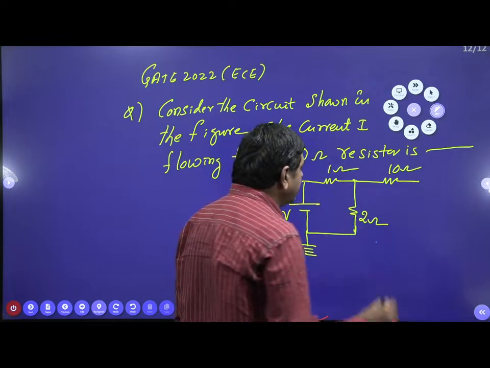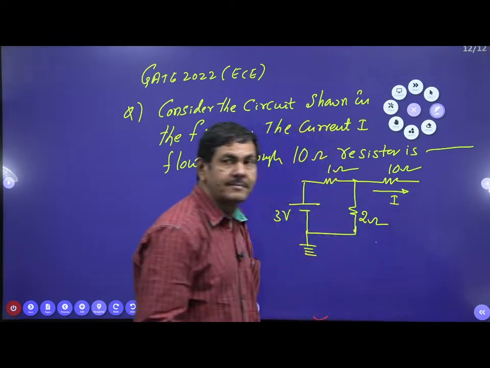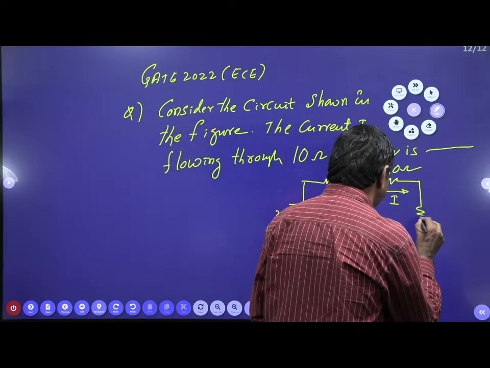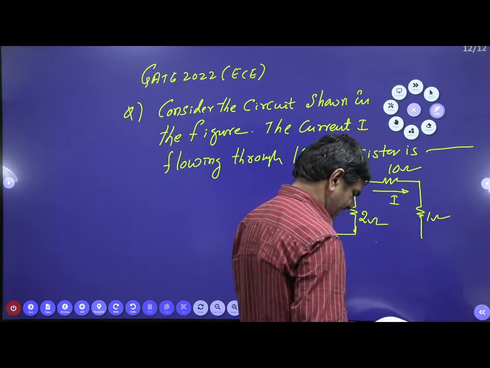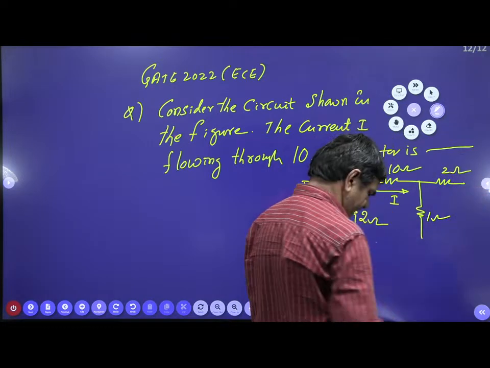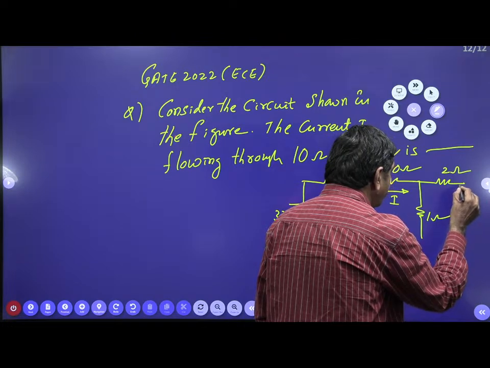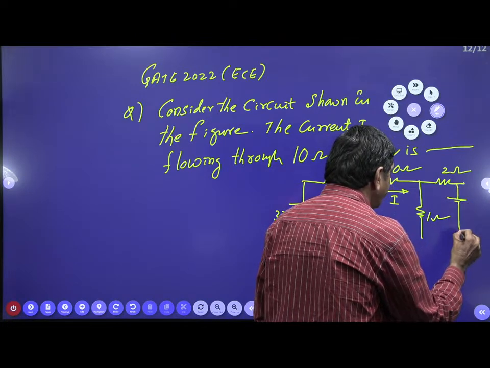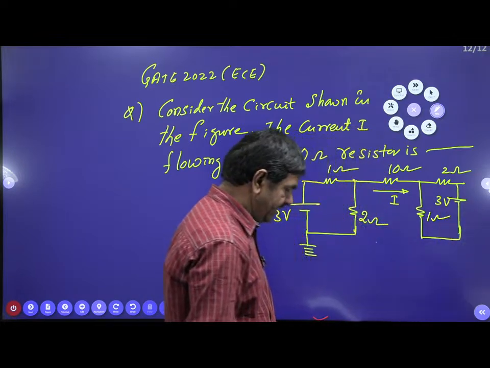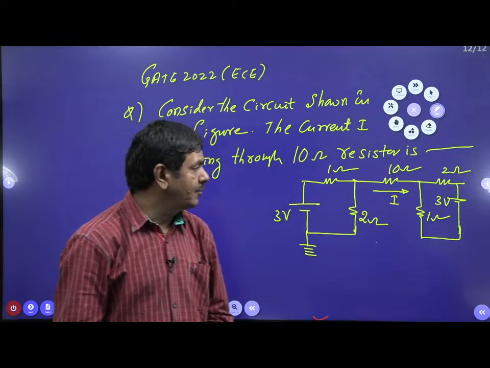But we want the current passing through this 10 ohm, that is I given here. And here also a 1 ohm resistor is given. This is 1 ohm, and this side connected with a 2 ohm resistor, and this side connected with 3 volts. Yes, this is the given problem.